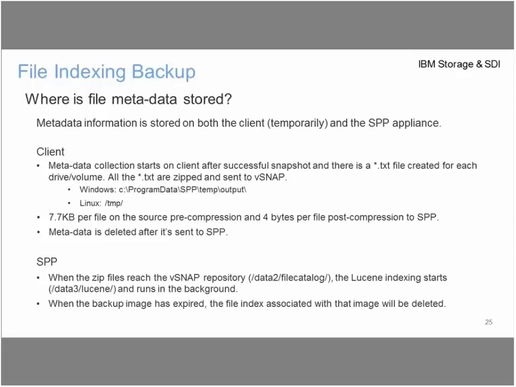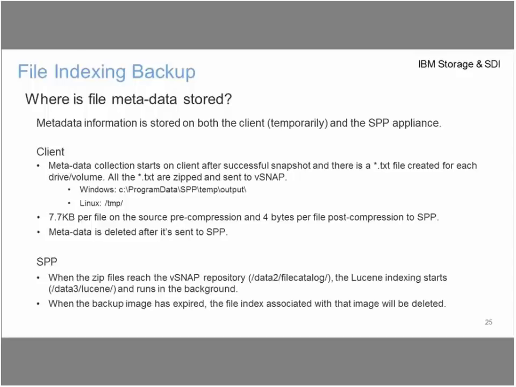Once we've done that indexing, all of those text files are zipped up and sent to the Spectrum Protect PLUS server from the host. On Windows, those text files are stored in the C:\ProgramData\Spectrum Protect PLUS\temp\output directory, and in Linux, it's just stored in the temp directory.